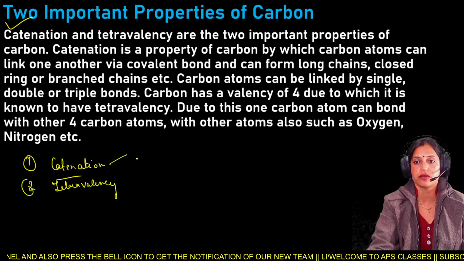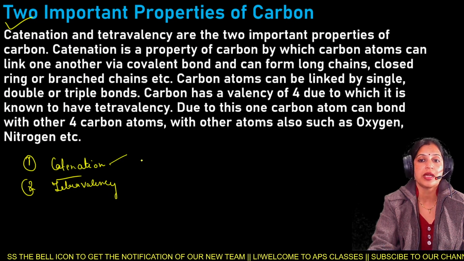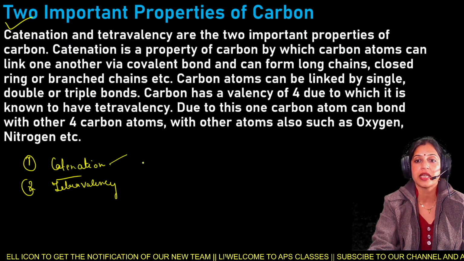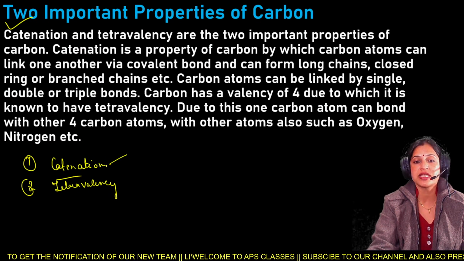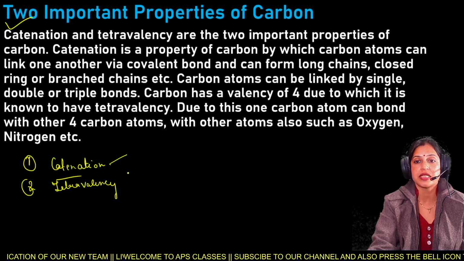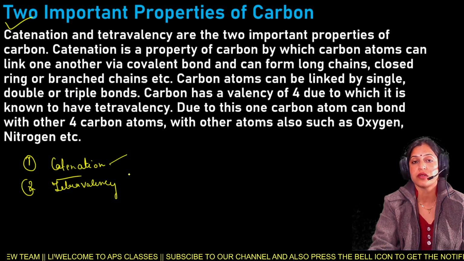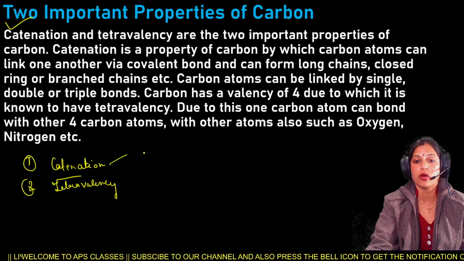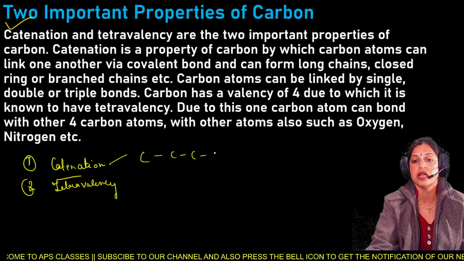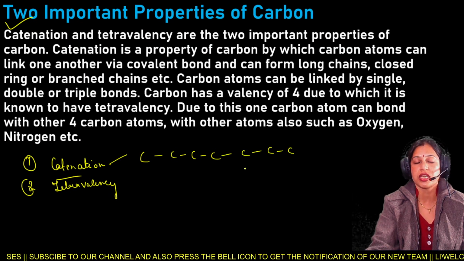Catenation is a property of carbon by which carbon atoms can link to one another by covalent bonds and form long chains. That means catenation is the self-linking property of carbon. Carbon atoms can join with each other with the help of covalent bonds, and they form long chains.